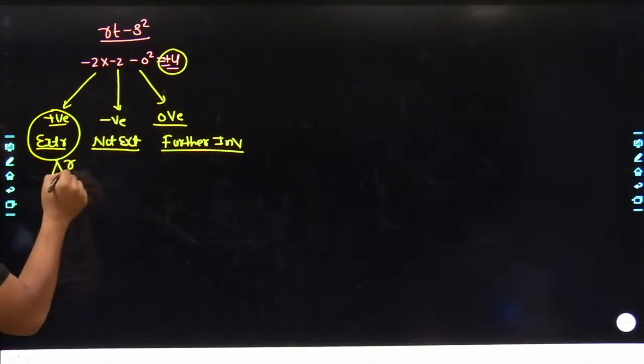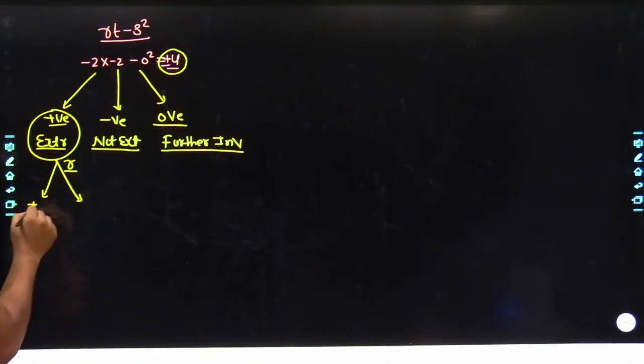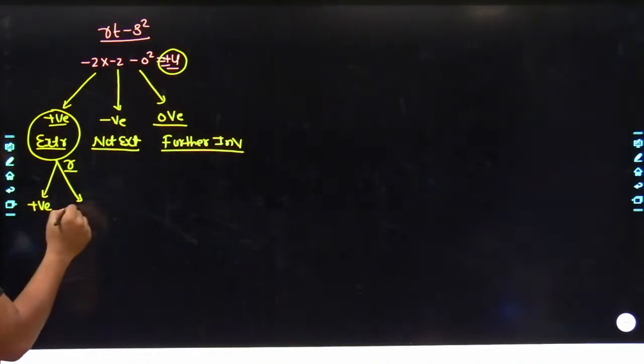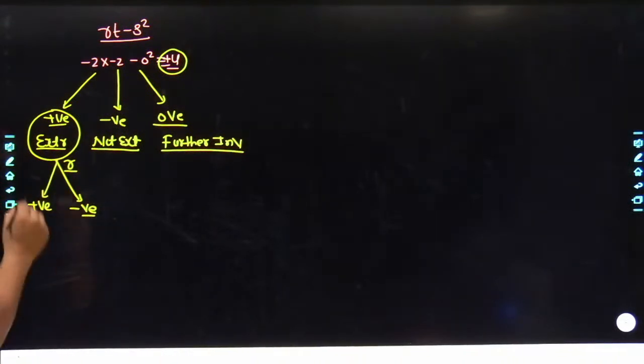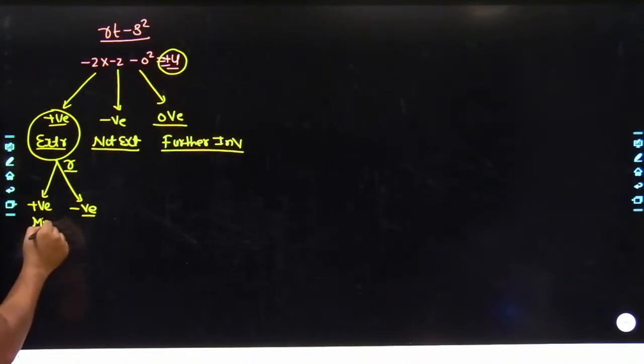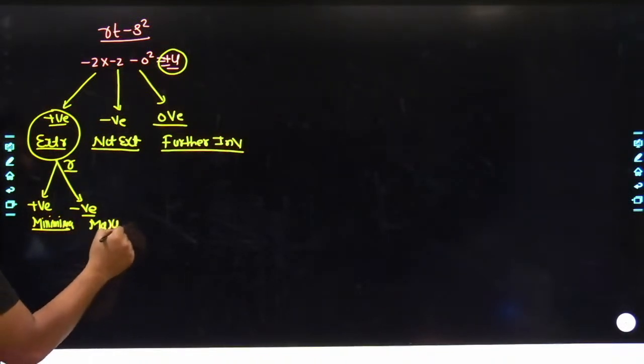Now I would calculate the value of R at the stationary point. It can be positive or negative. If the value of R has been found to be positive, keep in mind the stationary point would be a point of minima, as it is for one variable, and similarly otherwise it would be a point of maxima.